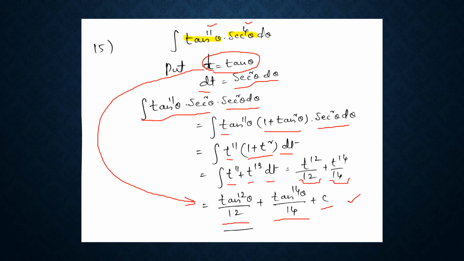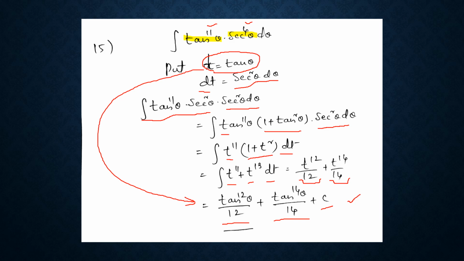So in this class we learned the form integrals of the form integral f dash x by f of x dx, which is equal to log f of x plus c, which is very useful integration type. And we also discussed the integrals of the form integral sine to the power of mx into cos to the power of nx dx.